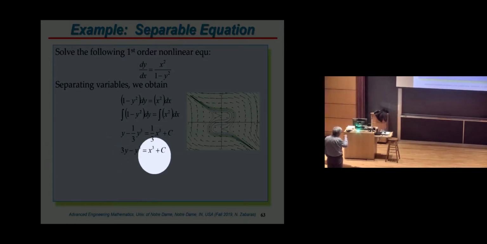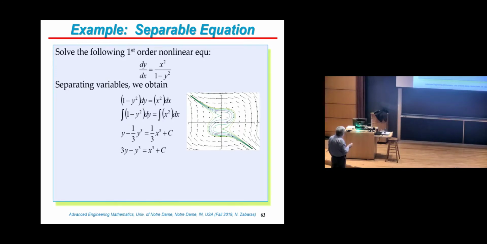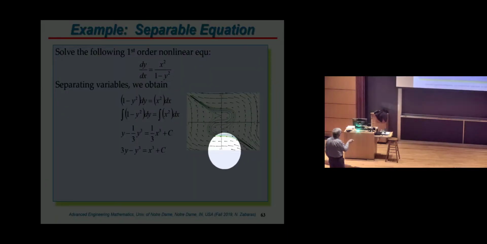But don't be scared, right? It's an implicit equation. So you are going to have to solve this with some numerical means to compute for each x what y is. And here is how the solution looks like. And you notice, because this equation is not linear, there is a lot of interesting things happening in this equation. So you can see the direction field, how it goes.